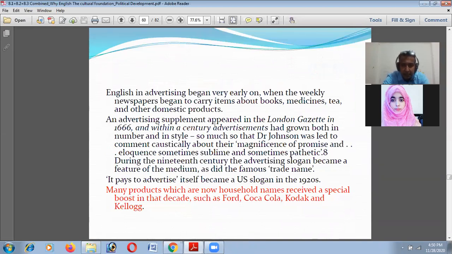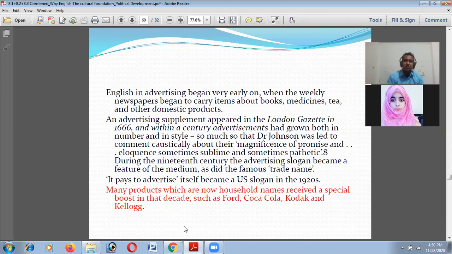An advertising supplement appeared in London Gazette in 1660, and within a century, advertisement had grown both in the number and in style. So the first advertising agency that was established in London, that is London Gazette. It pays to advertise itself became the US slogan in the 1920 decades.